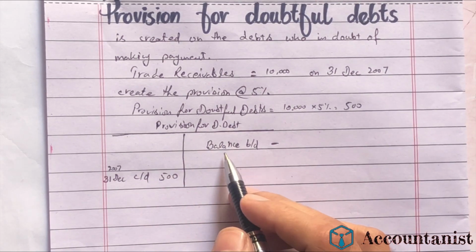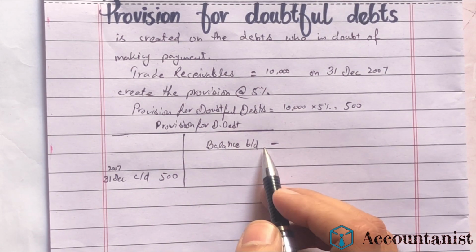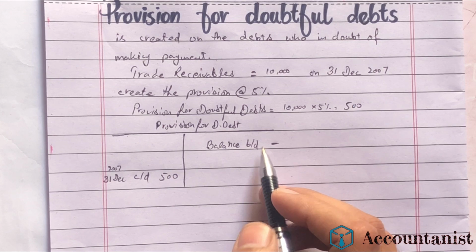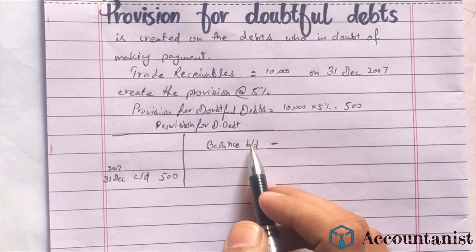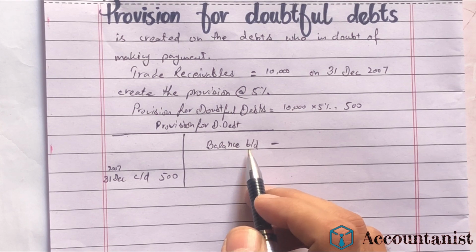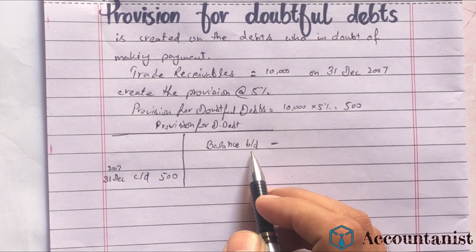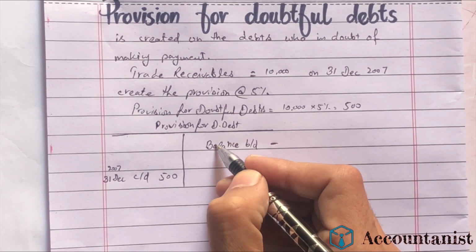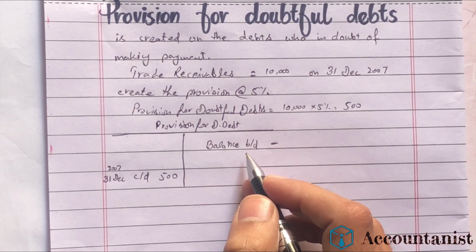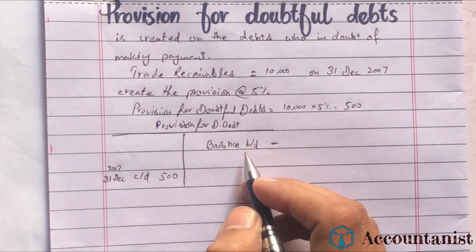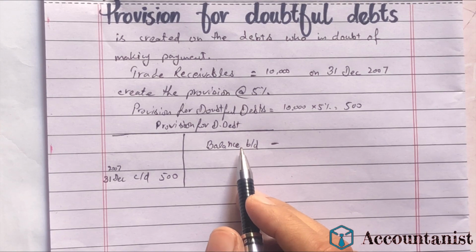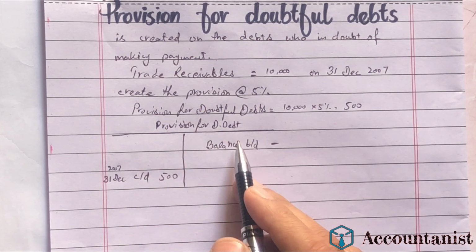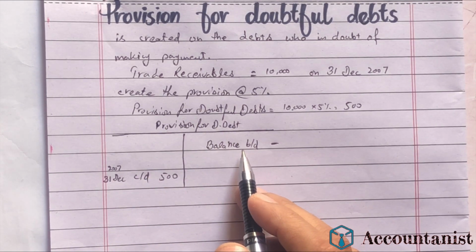Why do we have this balance on the credit side? Is it our liability? No, it is not our liability. It has a credit balance because it will reduce our trade receivables, so it is a reducer to our assets. Assets come on the debit side, so the provisions will come up on the credit side.